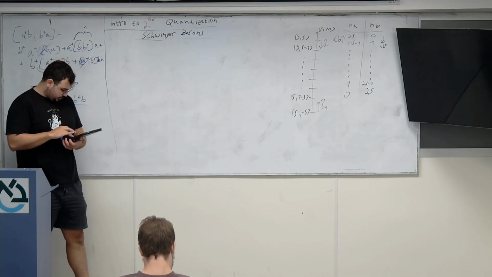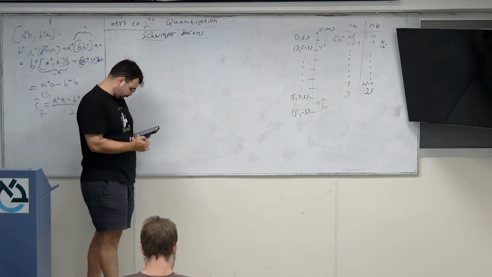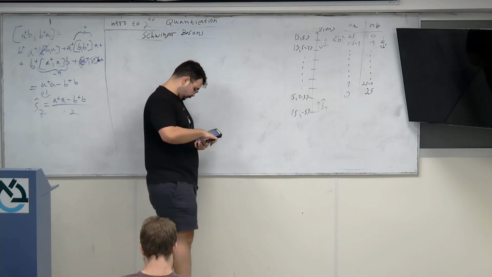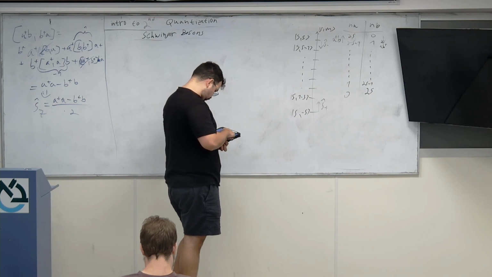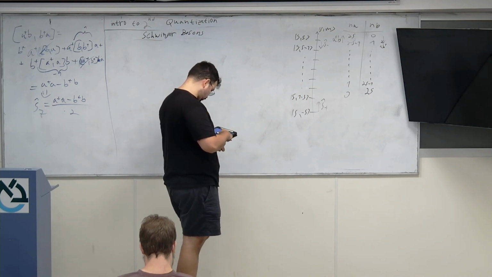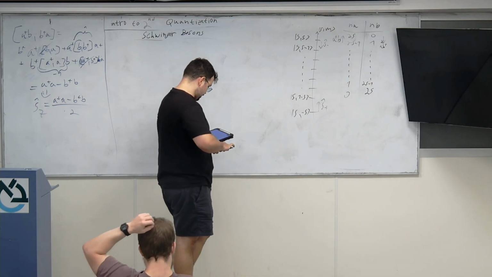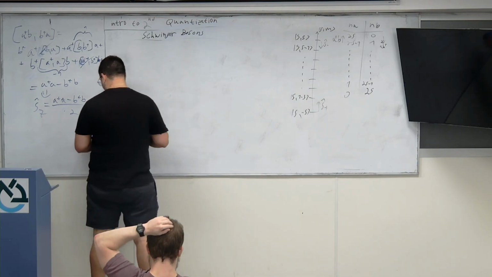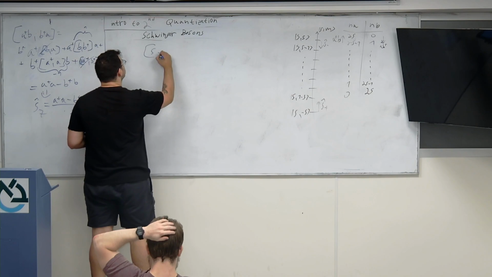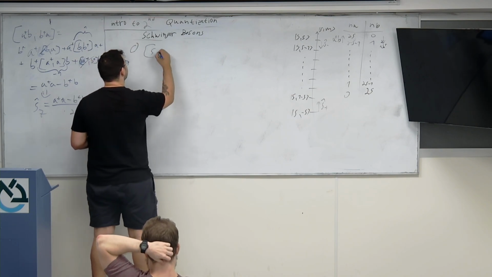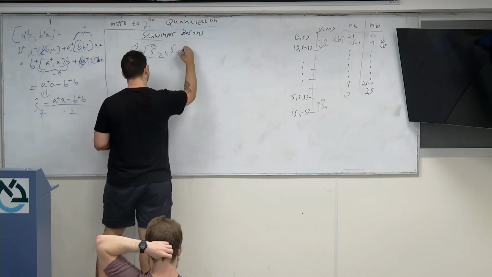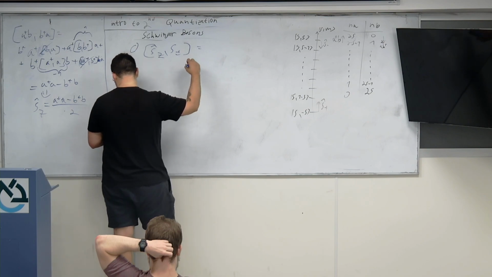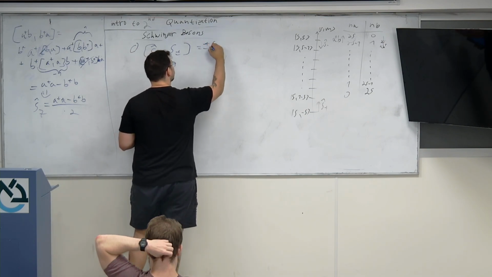Okay, so last part, we want to check another thing for consistency. We want to check, let's see, [Sz, S plus minus] equals plus minus S plus minus.